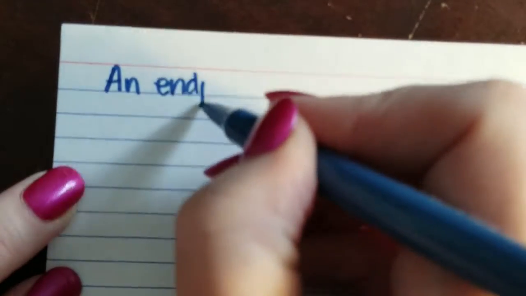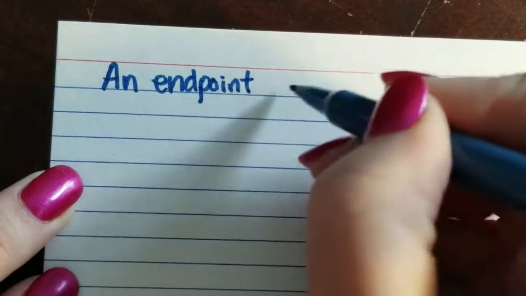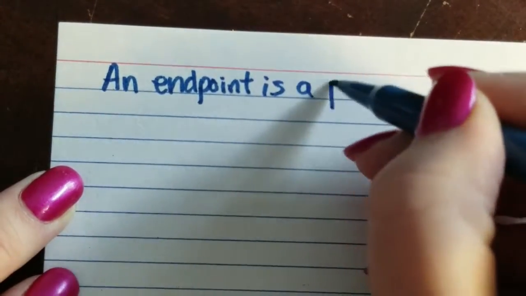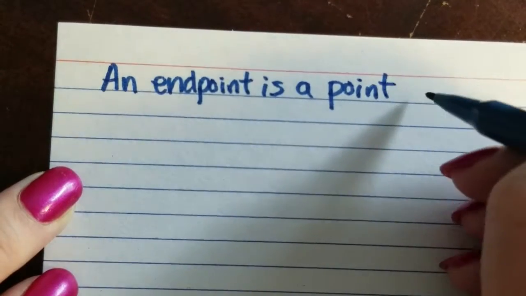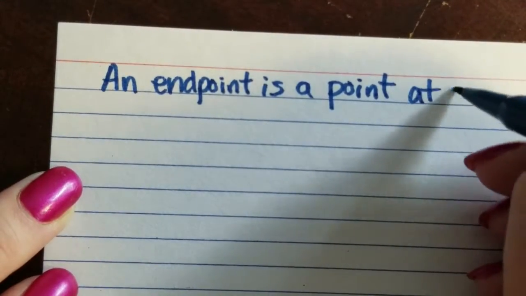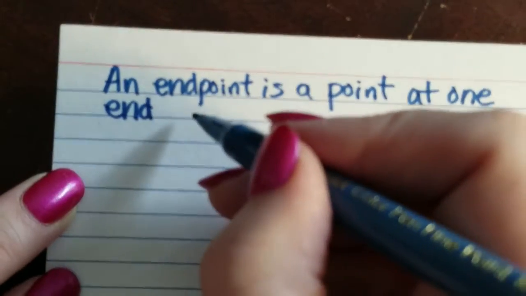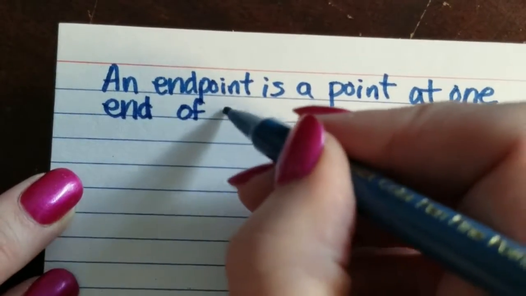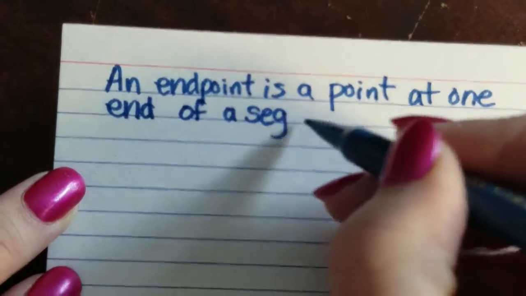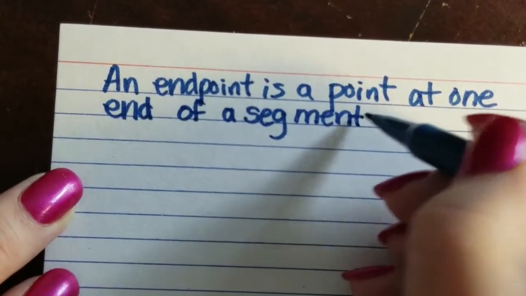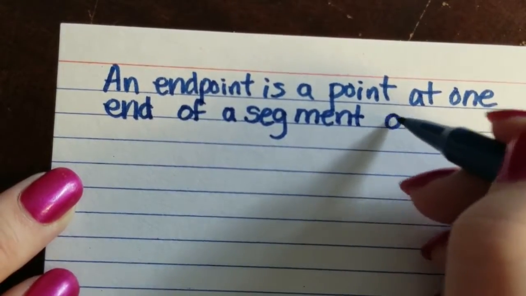An endpoint is a point at one end of a segment, like the line segment that we just learned about, or it's the starting point of a ray.